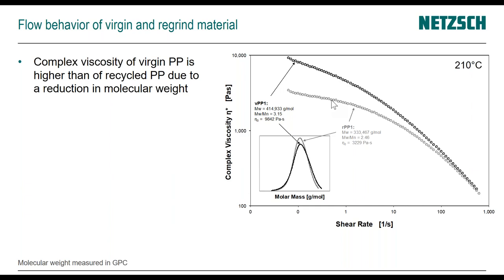And we also had the advantage to be able to use GPC to confirm, and you can just see at high molecular weight there was a significant reduction that happened during the processing step.